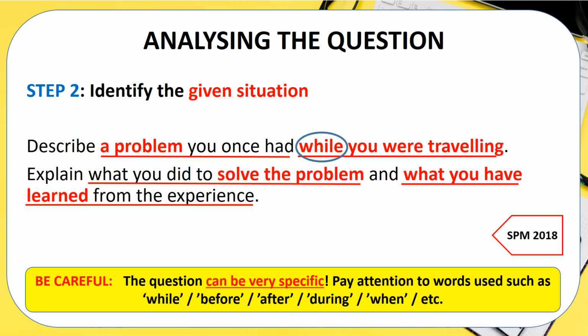Yes, it has the word while. So meaning that your description, whatever the problem that happens in your answer, must happen while you were traveling, not before, during preparation, or after you arrive at your destination. It has to happen while you were traveling.